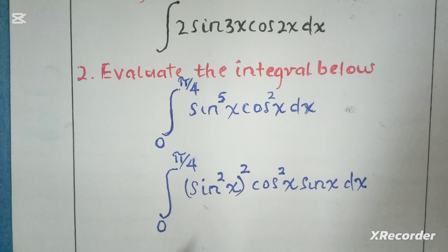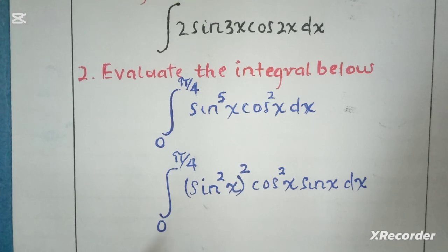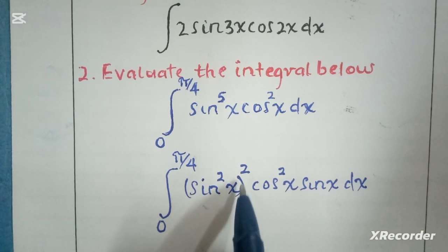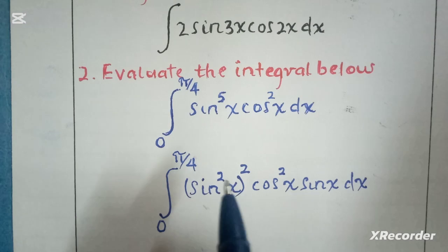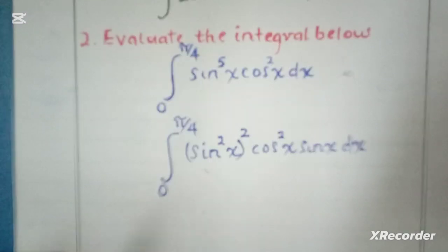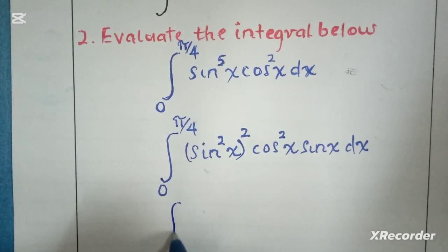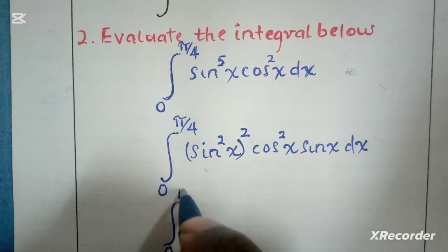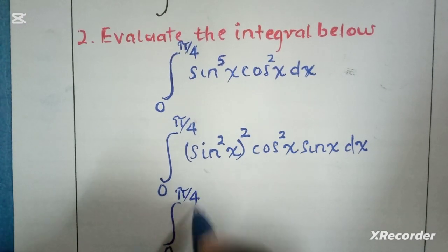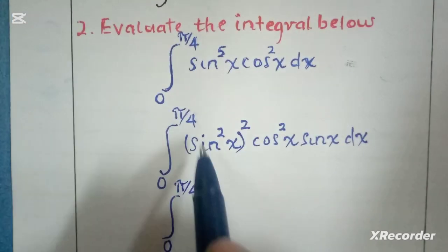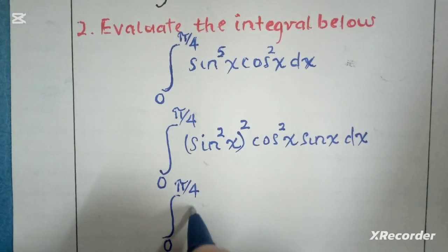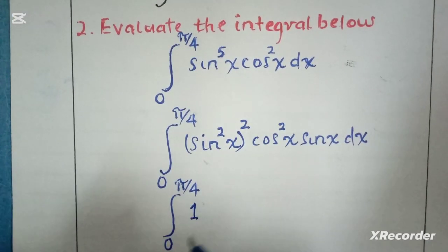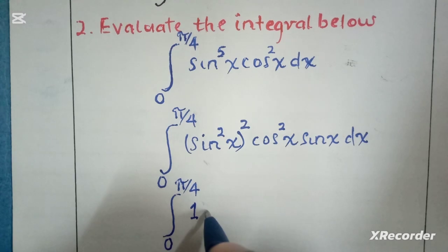So guys, we can now write this in terms of cos, and this is how I am going to write it. I will write like this, that is integral from 0 to pi over 4. Then instead of writing sine squared x, I'll write 1 minus cos squared x, from trigonometric identities.